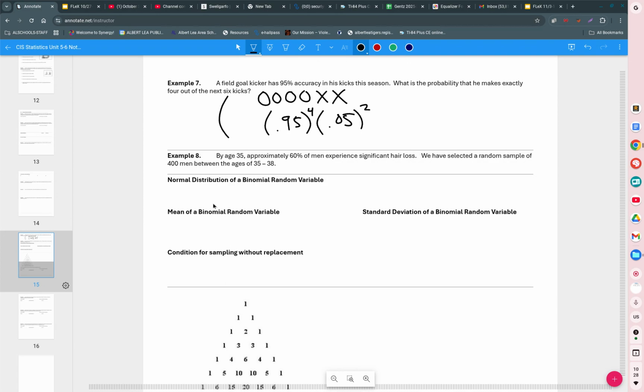And then we have a coefficient that goes out front, and that coefficient is going to be 6 choose 4. How do we calculate 6 choose 4?